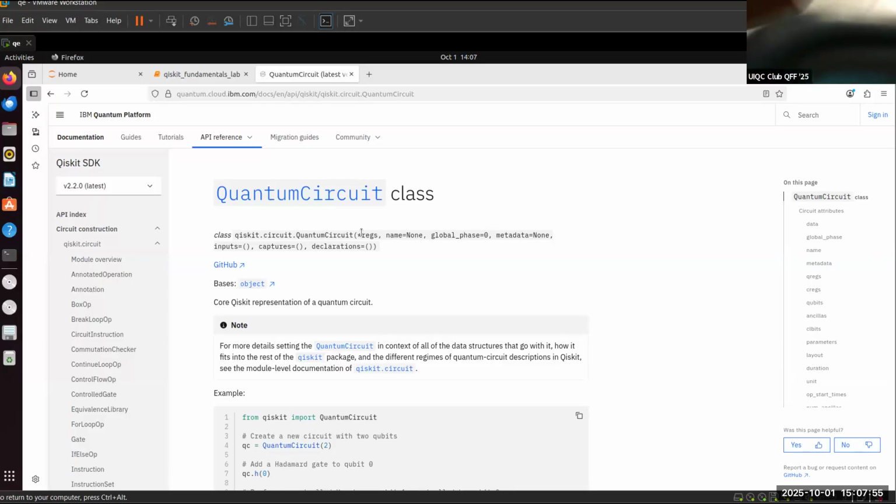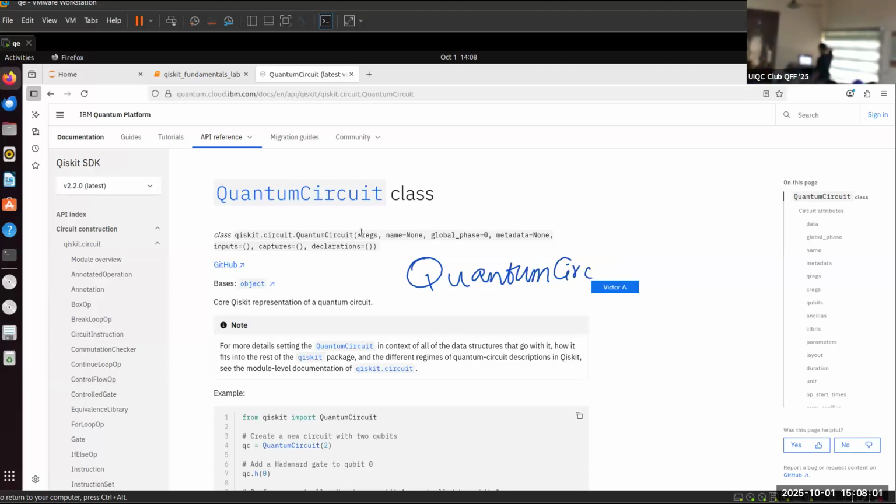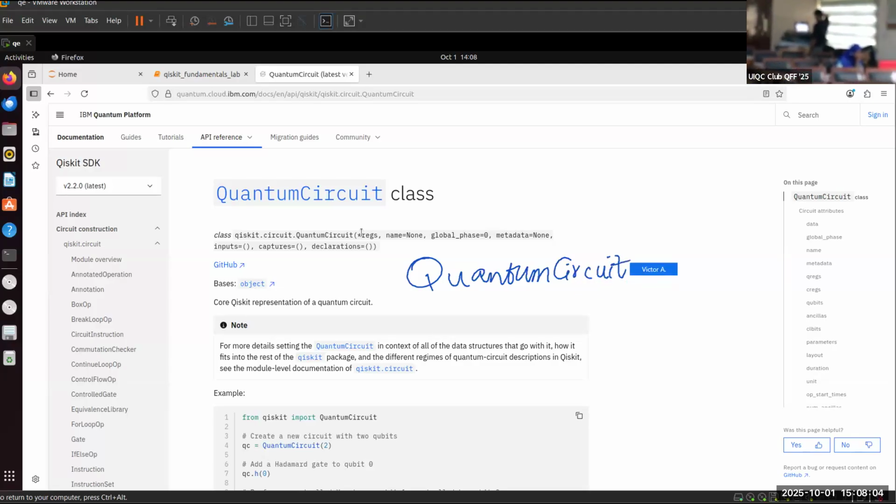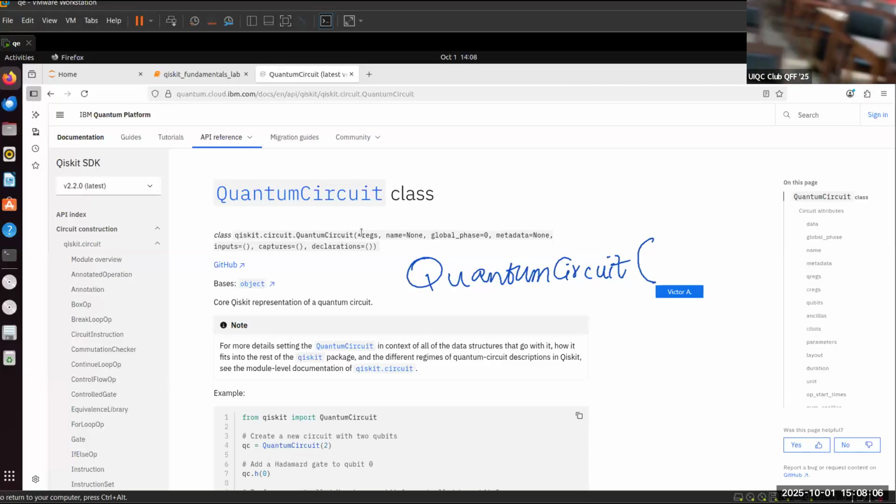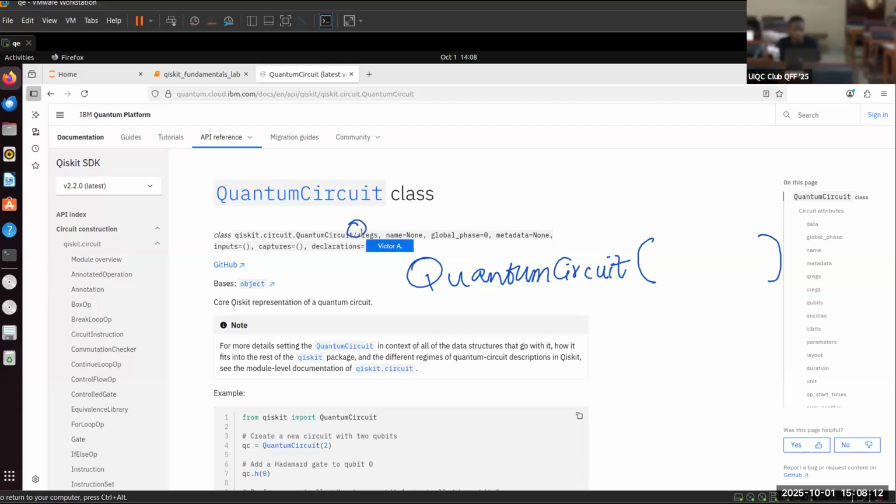Okay, great. Now, if you create your quantum circuit, just like you have it here, quantum circuit, now I open a bracket and I close a bracket. So the opening and closing of this bracket is what you have here and what you have at the end here.